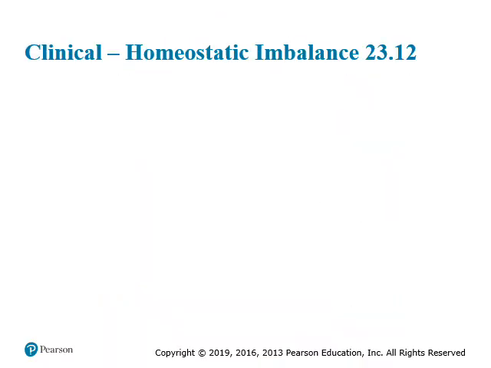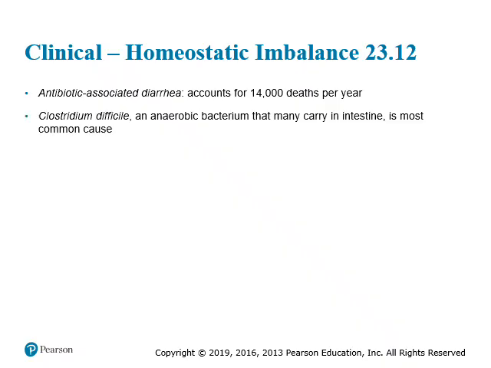Let's take a look at more homeostatic imbalances. Homeostatic imbalance associated with the gut, one of them is antibiotic associated diarrhea, which accounts for about 14,000 deaths every year.